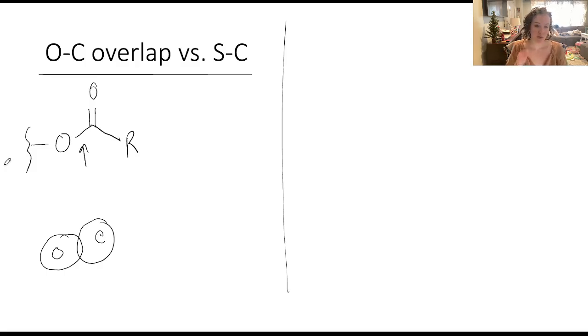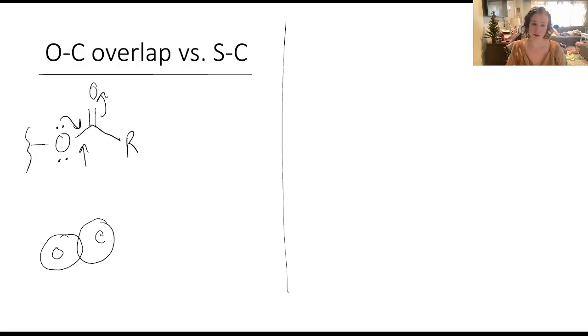Now, what this orbital overlap allows in an ester bond is this beautiful resonance stability that you've seen in your classes such as organic chemistry. And we know resonance increases stability of bonds, so the ester bond is very stable.